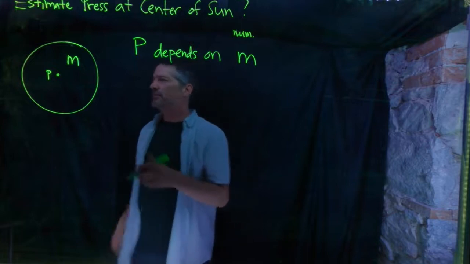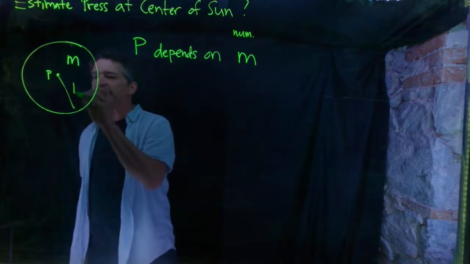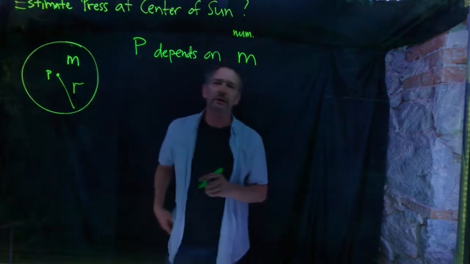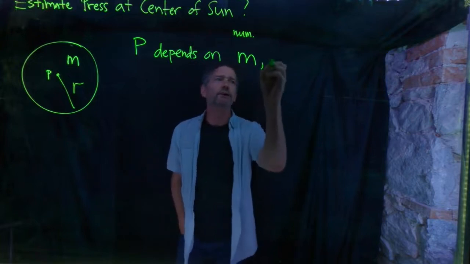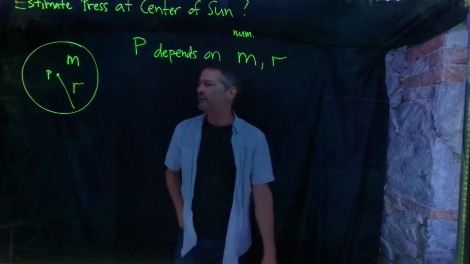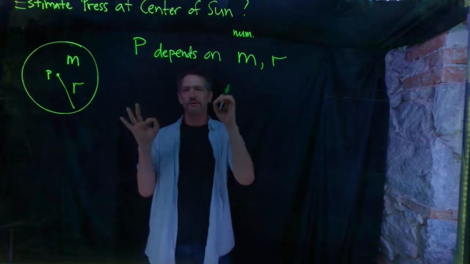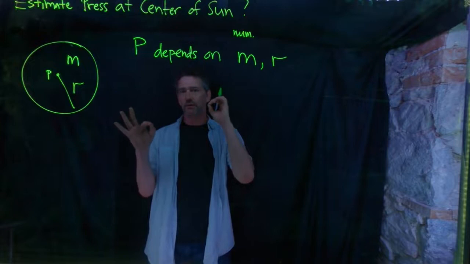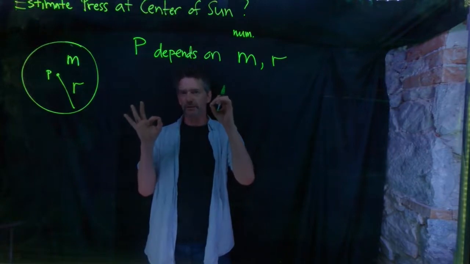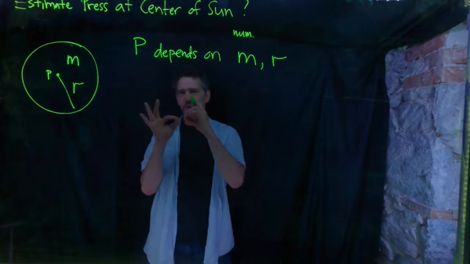Another thing it might depend upon is the radius of the sun, how big the sun is. And why is that? Well, you know that the gravitational force between two masses is G times m1 times m2 divided by the distance squared. So if the particles are closer together, the gravitational forces are stronger and the pressure will be larger.